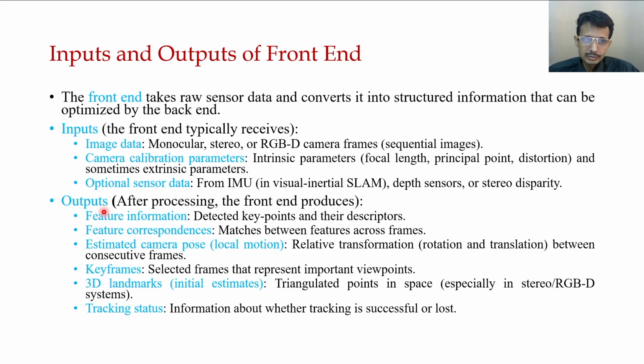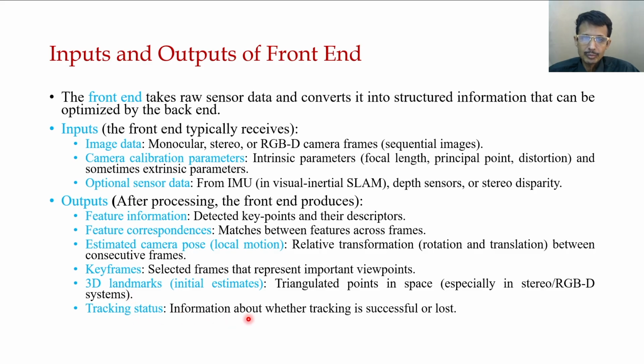Now what is the output? Feature information, the detected key points and their descriptors. Feature correspondence, the matches between the features across frames. Estimated camera pose, the local motion. Relative transformation, rotation and translation between consecutive frames. Keyframe selection, selected frames representing important viewpoints. 3D landmarks, the initial estimates of triangulated points in space, especially in stereo and RGB-D systems.